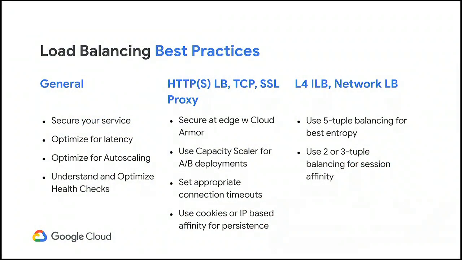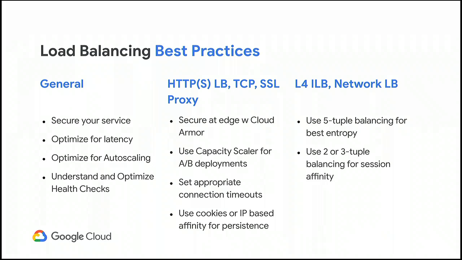And by the way, it doesn't need to be in the same VPC, so that it can also be on a separate VPC. Set the appropriate connection timeouts. So make sure you understand your application. What do you expect? How long those flows they need to be up and running, and use cookies or IP-based as we talked.